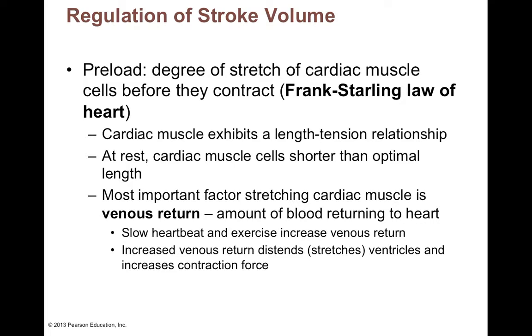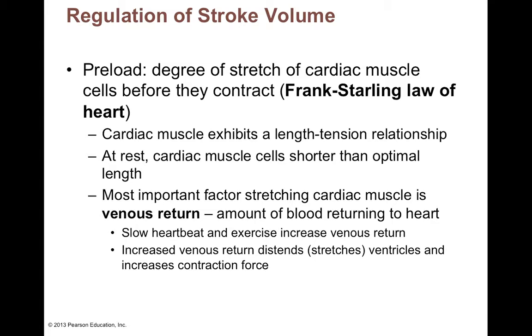But if you overstretch those sarcomeres such that the myosin heads don't have as much actin to bind to, then they won't be able to produce that much force. And so that was this idea of a length-tension relationship of sarcomeres. Now that also relates to this Frank-Starling mechanism, where if you stretch the heart muscle, it will generally contract more strongly and therefore pump out more blood by decreasing your ESV.